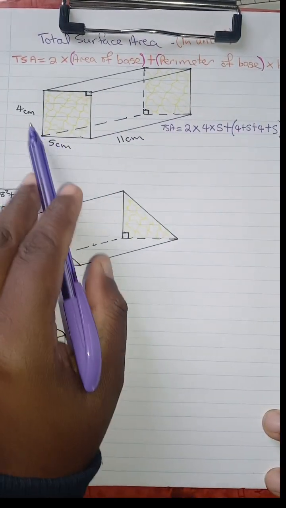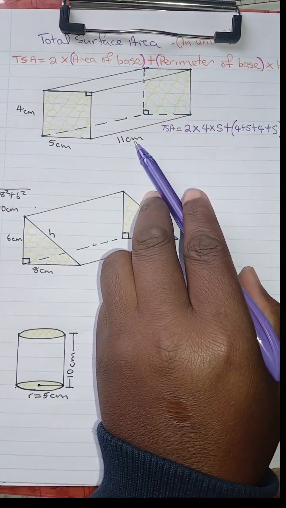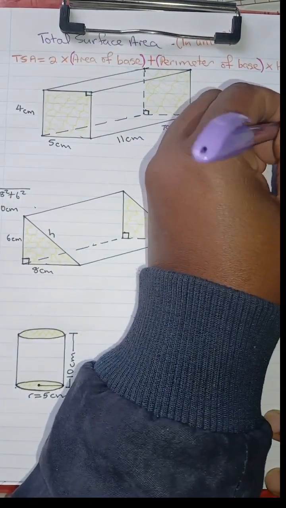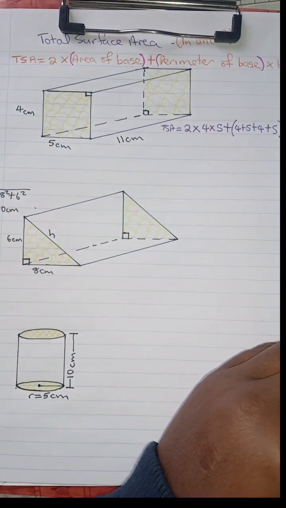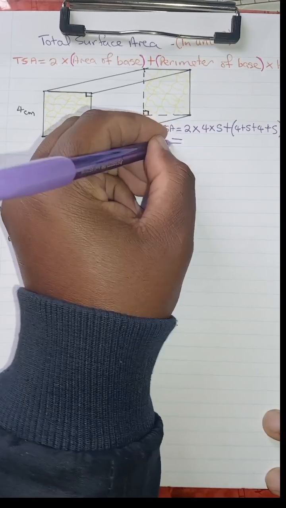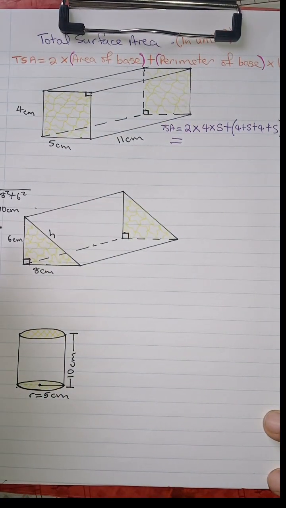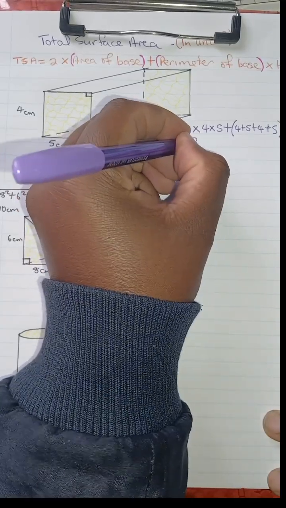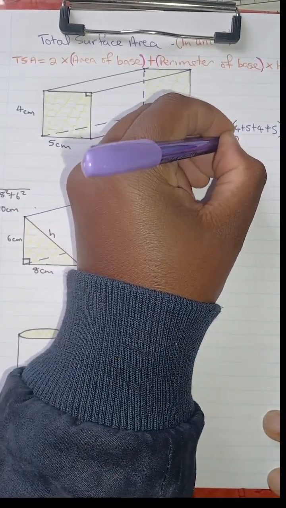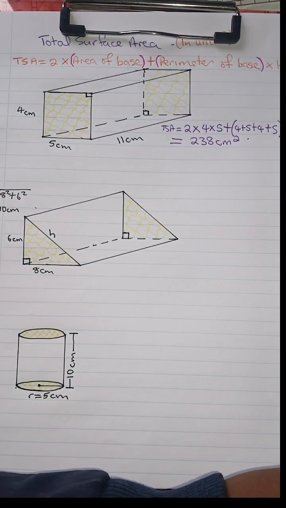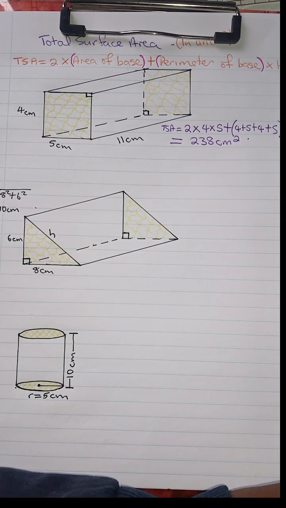This is our perimeter, and then multiply by the height, that is times 11. And then you go to your calculator. That one is going to give you 238 square centimeters. Remember, area is measured in square units. That is the first one.